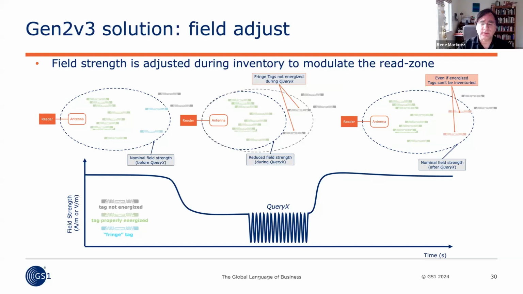And tags, just to be really clear, are backward compatible in that if you're using the query command right now with your previous version Gen2 readers, let's say V2 readers, they will work with new Gen2v3 tags, because new Gen2v3 tags also have the query command and are backward compatible in that regard.